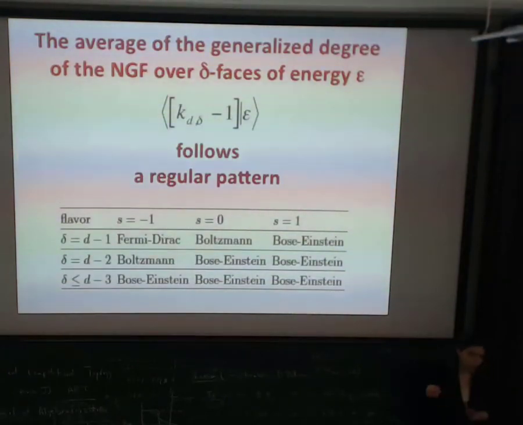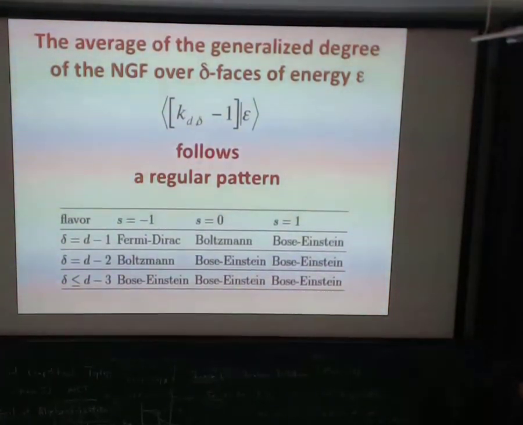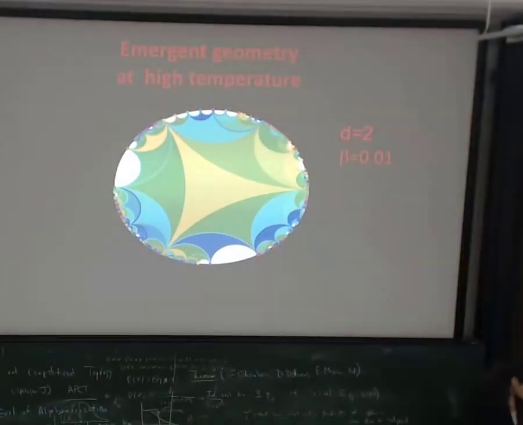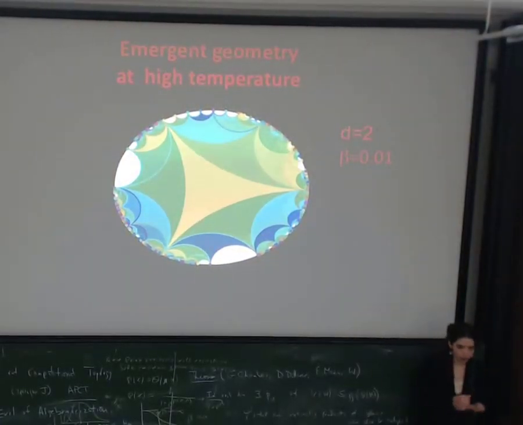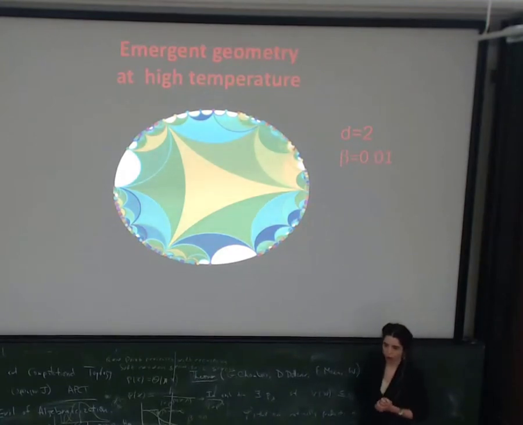So the generalized degree over phases of energy epsilon follows this pattern as long as the temperature is sufficiently high.